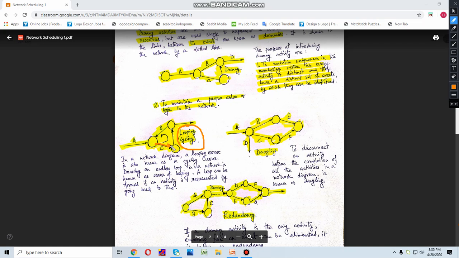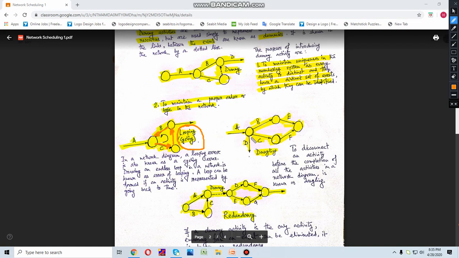Here this is the direction, this is the direction, and this is the direction. That means they are moving in a never ending cycle. So this is what we call a loop. Whenever you find a loop has been created, you have to understand there is something wrong in this network. You can't allow a loop to be formed in a network.